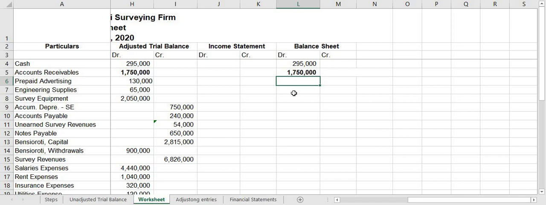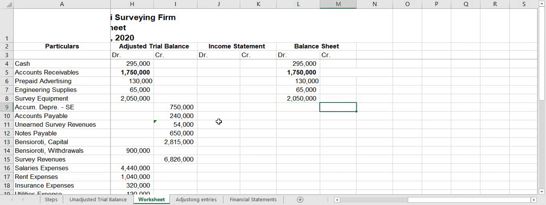Next is engineering supplies, also an asset. We copy it, debit. And also your survey equipment, an asset. Engineering supplies, we copy it. And of course, your survey equipment, an asset, copy to the balance sheet debit portion.